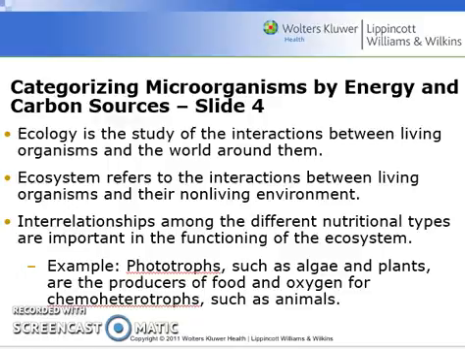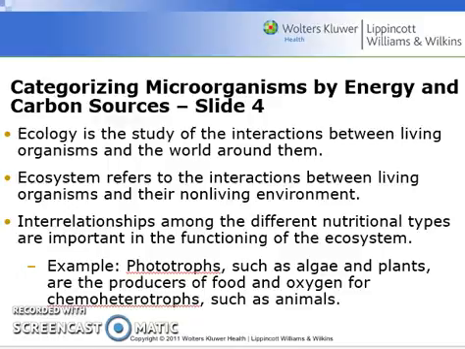So that's just one example of why we want to include ecology in this discussion of how microorganisms use carbon sources and generate energy from them, because not all of them do that, and there's a wide variety of them. A lot of that is based on the fact that the interactions between living organisms and the world around them span such a diverse range, because there's so many ways in which organisms interact with their surroundings.